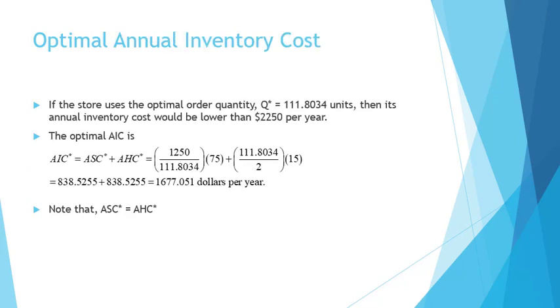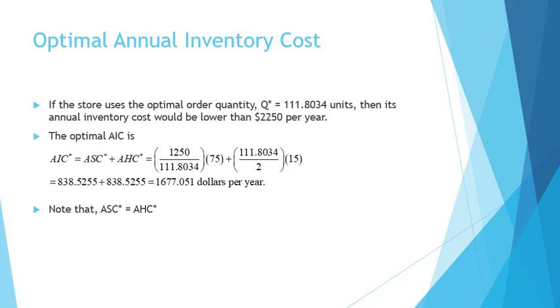Now we can calculate the optimal annual inventory cost if the store uses the optimal order quantity. Using the same formulas for ASC and AHC, the asterisk is attached to signify that those costs are optimal costs because we are using the optimal order quantity.